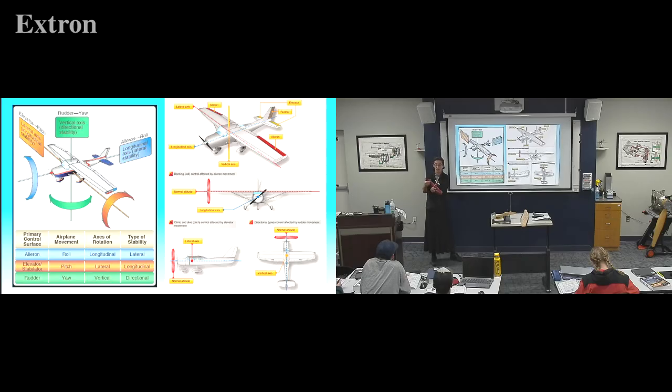Ailerons, because these guys make me roll. So movement about the longitudinal axis, well, that's a good roll. It's called roll, controlled by the ailerons.